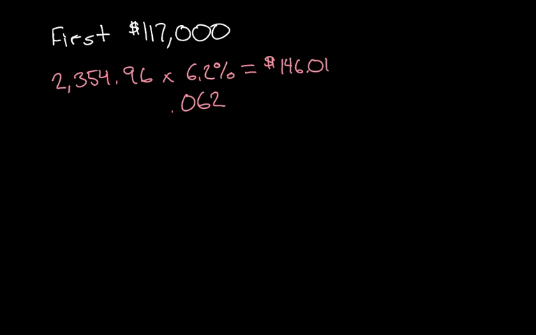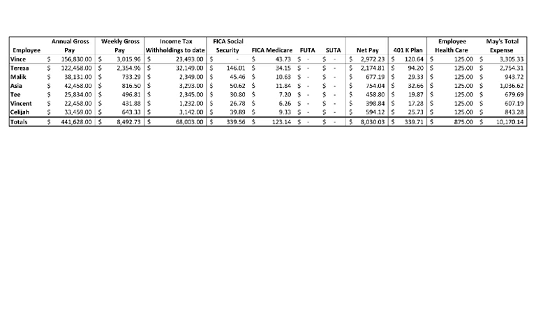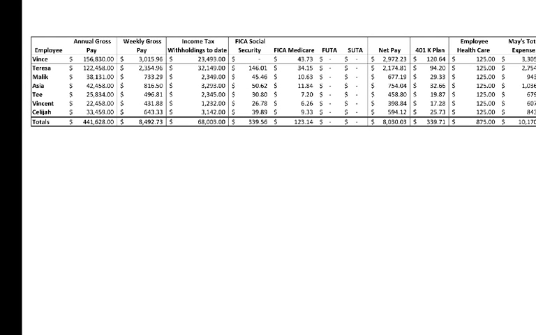As I stated before, you should create a spreadsheet for that. So here you are. As I said, the FICA is for $117,000.